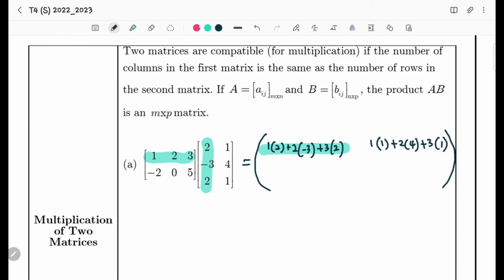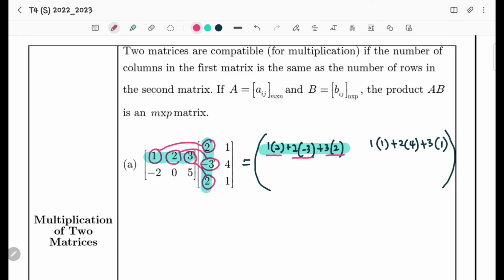So what we need to do is just multiply 1 by 2 and then 2 by -3 and then 3 by 2. Okay. So 1 times 2 plus 2 times -3 and then plus 3 times 2.